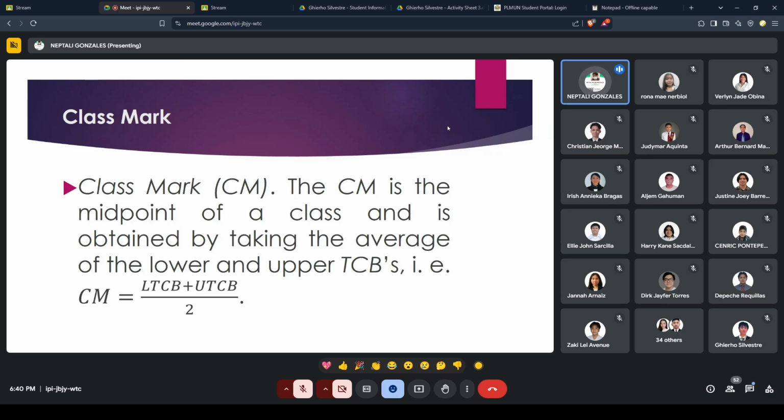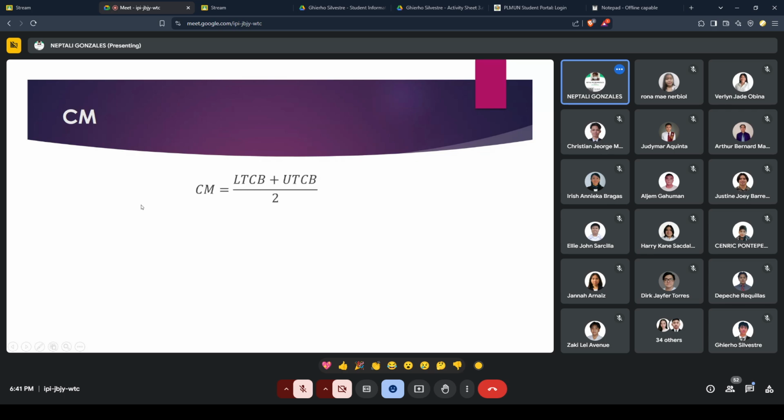Class mark or CM is the midpoint of a class and is obtained by taking the average of the lower and upper TCBs. That is, class mark is equal to the lower true class boundary plus the upper true class boundary divided by 2, or the average of the true class boundaries.